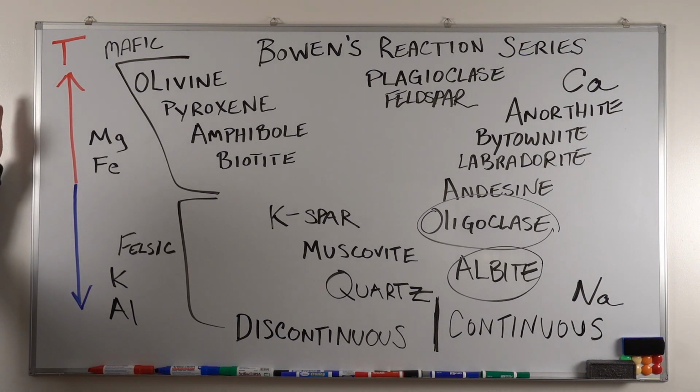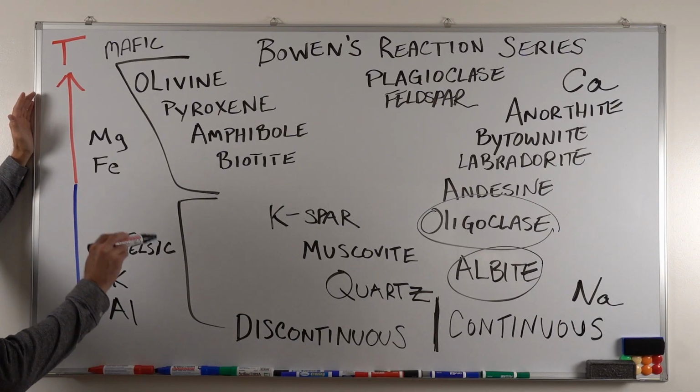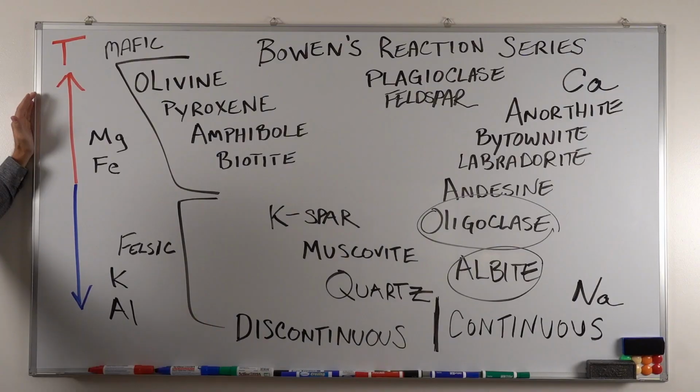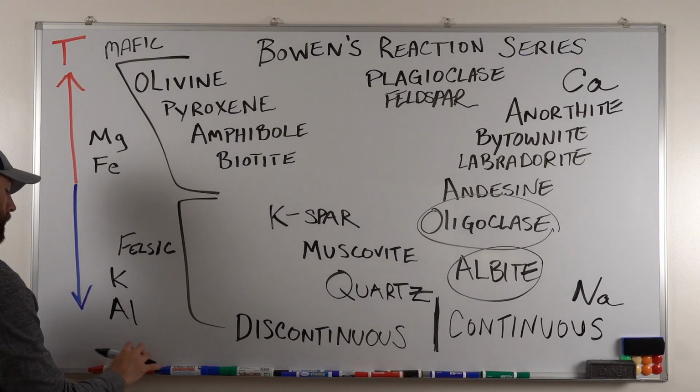If you wanted to understand the process that makes igneous rocks and how mantle material undergoes fractional crystallization as it rises towards the surface, it's this. So if this is a topic you're interested in, become very familiar with Bowen's reaction series.